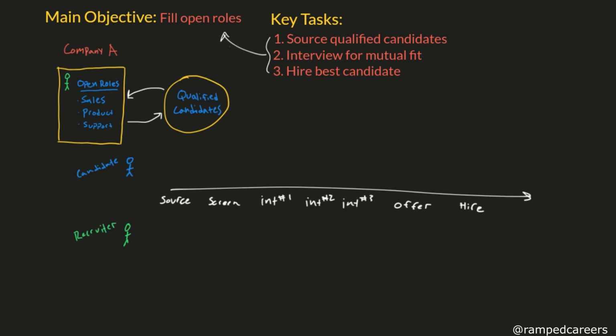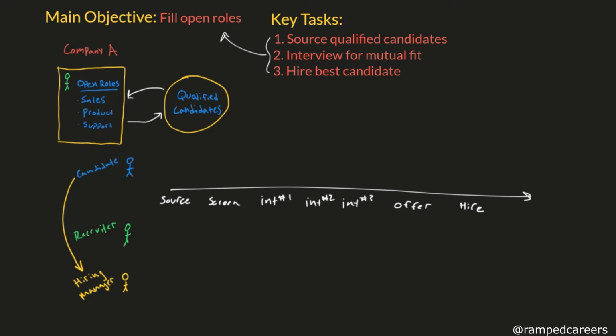And then we have the hiring manager. The hiring manager is going to be the eventual boss or manager of the candidate. So eventually the candidate, when they're hired, will report into the hiring manager. And they're going to be involved throughout the recruiting process because they're going to want to vet and screen this candidate as well to make sure they're a good fit for the team. They can do the job correctly.